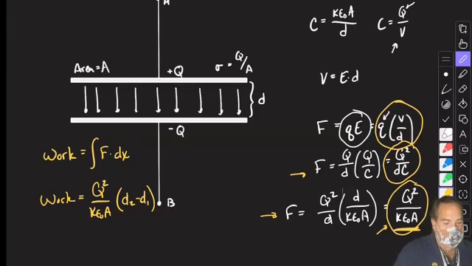So if we look at these, we want one in terms of V when it's connected to a battery and not Q. And we want one in terms of Q when it's not connected to a battery. Because when it's not connected to a battery, the charge stays the same. When it is connected to a battery, the voltage stays the same.